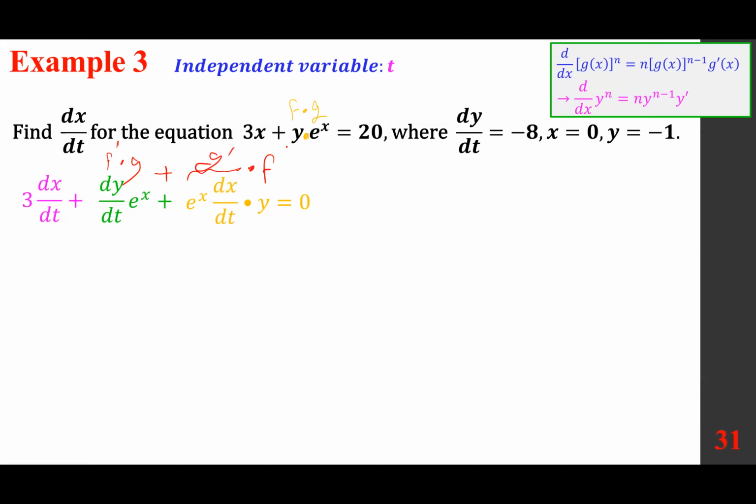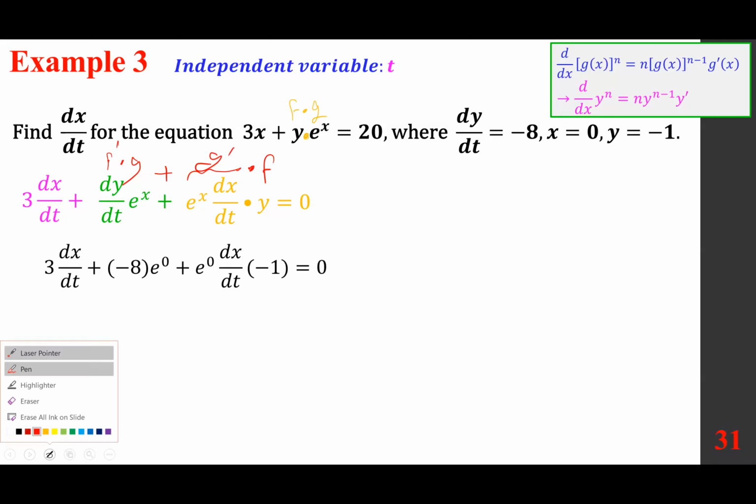Okay, everybody, we need that. And so we're done. We just want to solve for dx dt. We can plug in and see what we get. We can also solve for it later on. So dx dt is missing, everything else is given. So we're going to plug in everything that we have.